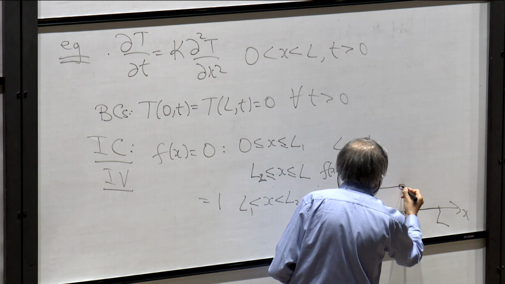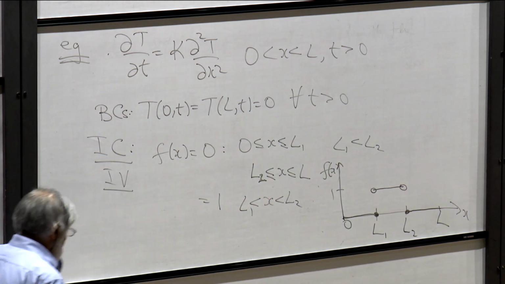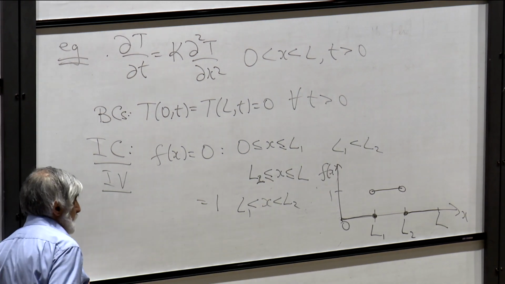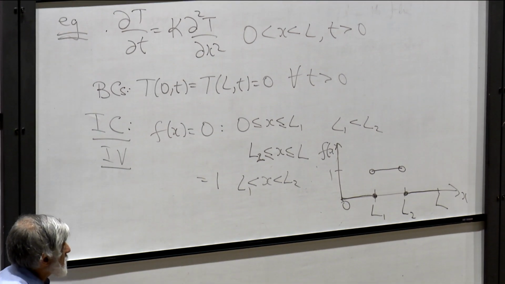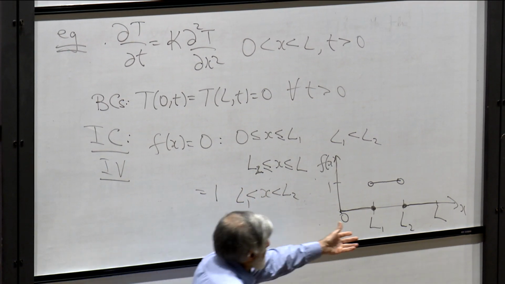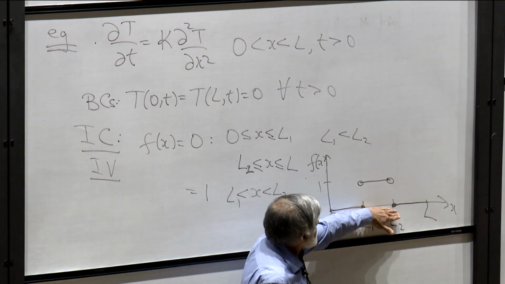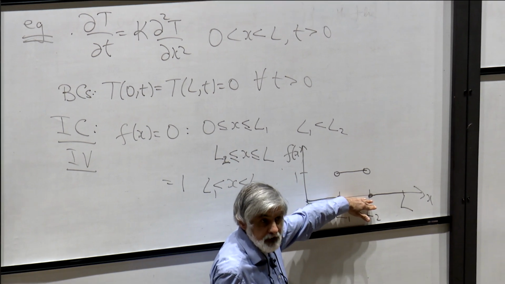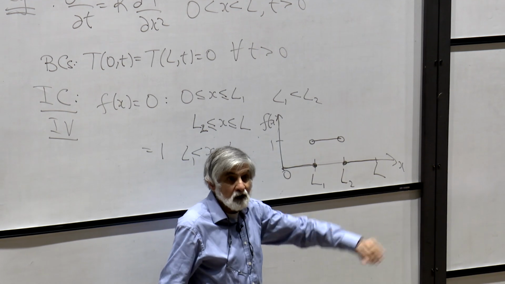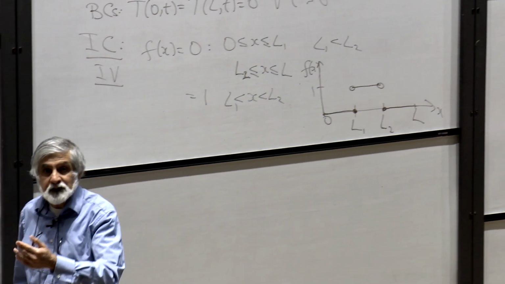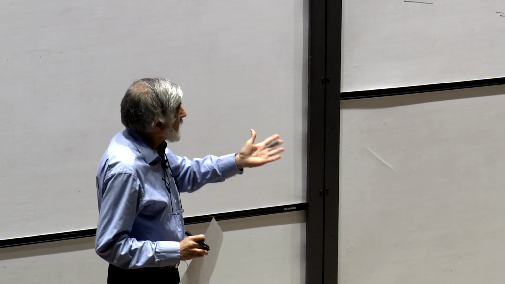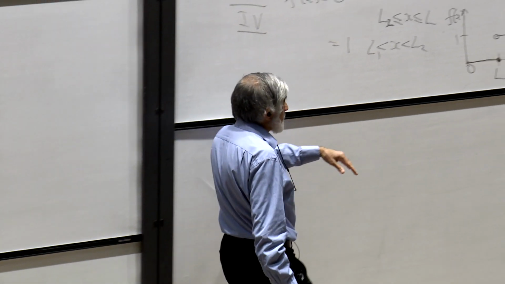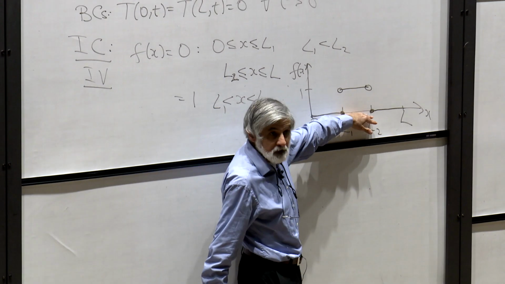Okay? So what that means is, if you think of it as a heat equation, you start off by heating this part of the rod. If you think of this as the diffusion of a chemical, then you can think that you start off and you put some chemical here.